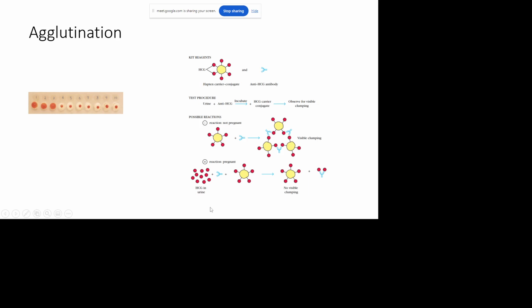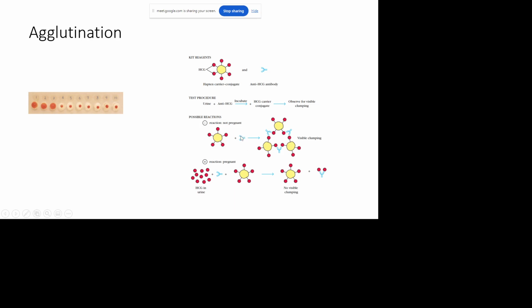So now in the presence of HCG in the urine, this antibody will bind to the HCG in the urine sample, right? And then this antibody will entrap all the HCGs here, right? So now there will be no available antibodies which can bind to this hapten carrier conjugated HCG. So there will be no visible clumping. Again, in the negative case, there was no HCG hormone, right?